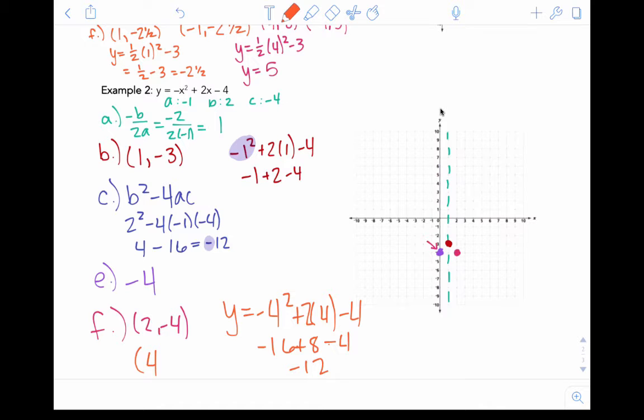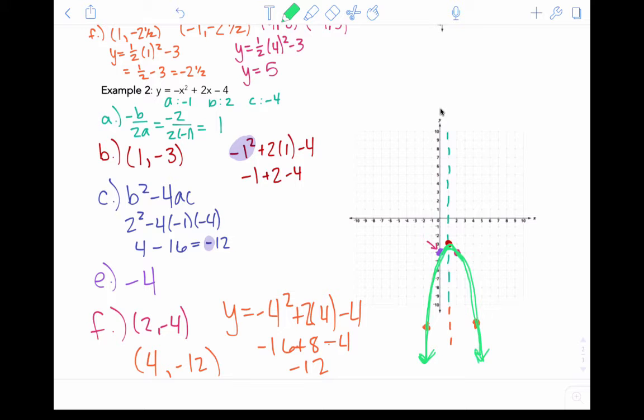So I have 4, -12. And when I graph that, it goes a little bit off, but I can guess that it's about down there. And then I can mirror that on the other side of this line of symmetry. So I'm 3 spots away. So I'm going to go back 3 spots, and I'm going to mirror that point over here. So now I can connect these and get my parabola that is open downwards.